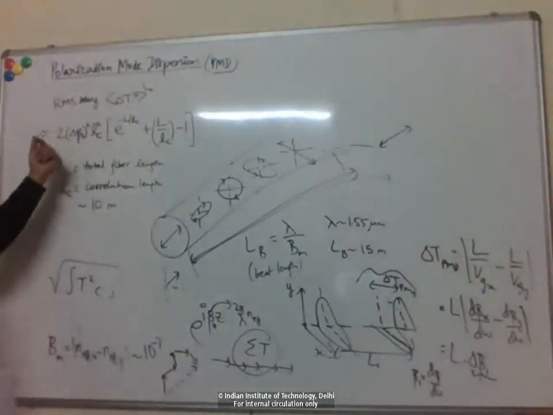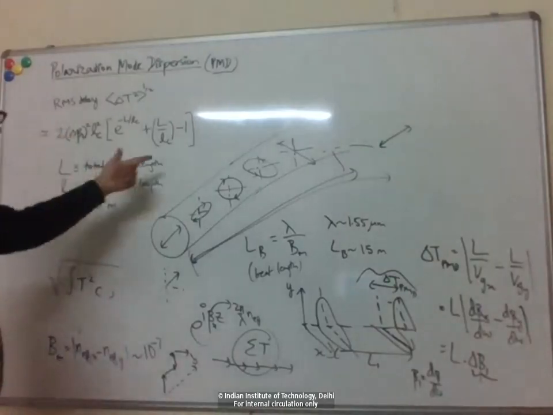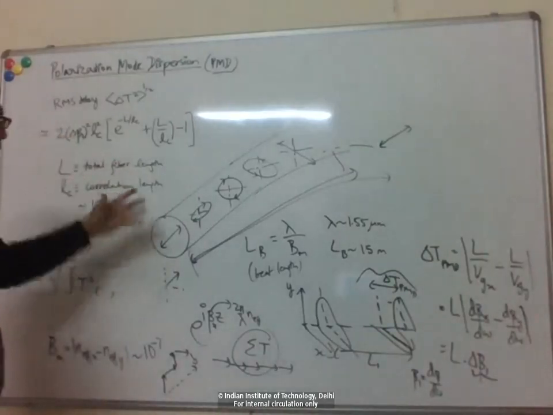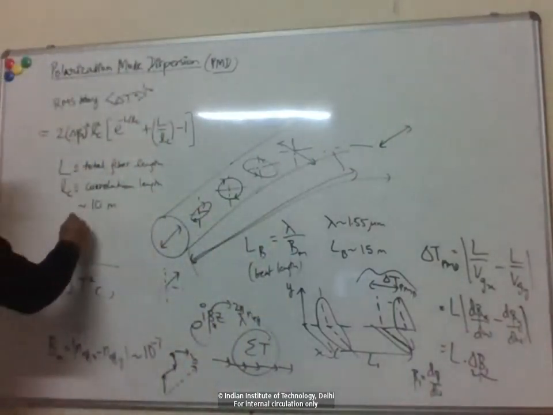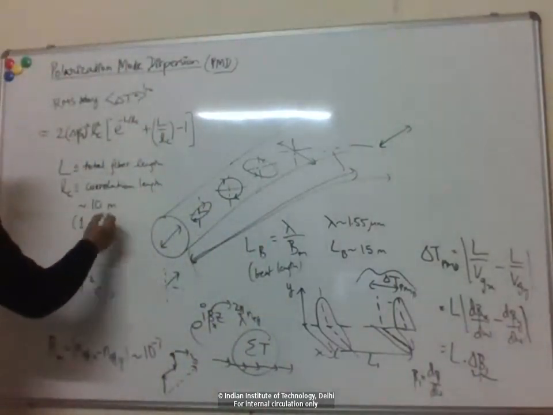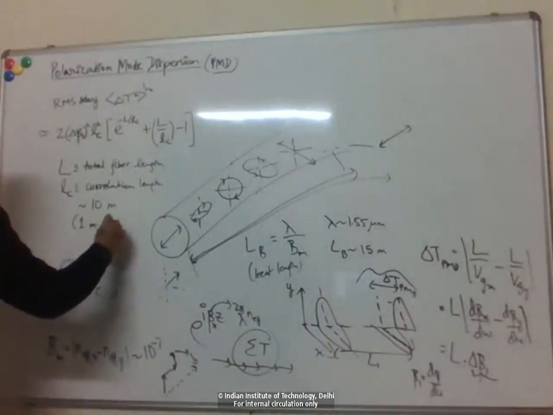This birefringence remains constant over a correlation length, which is roughly 10 meters. It can vary on average between, let's say, a meter to a kilometer.